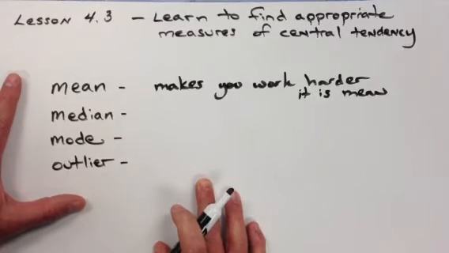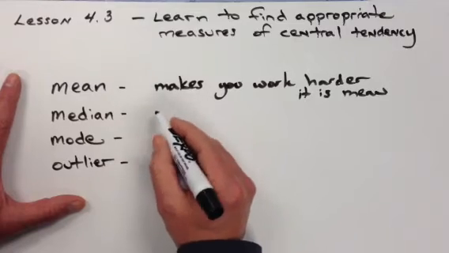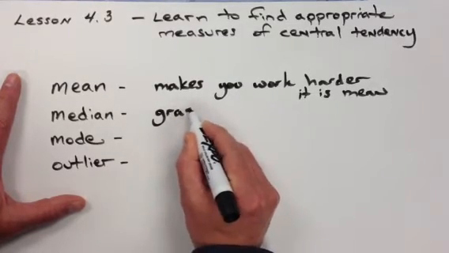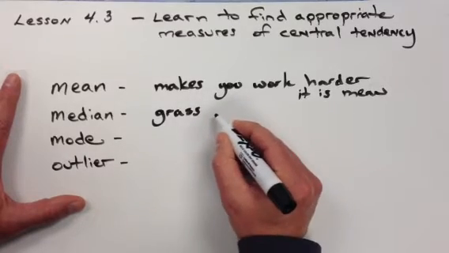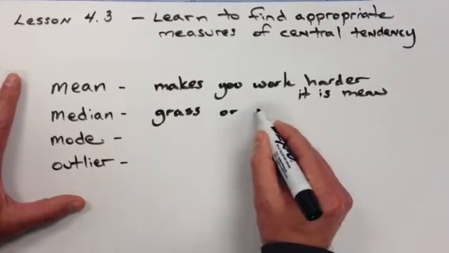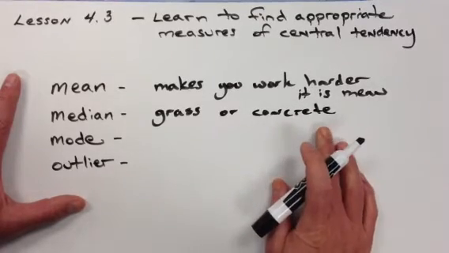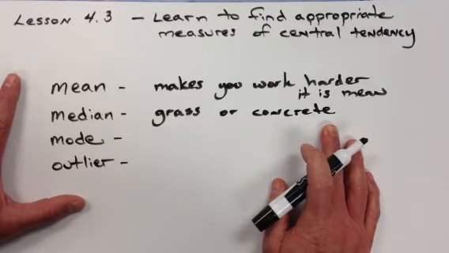Median is sometimes referred to as, like if you're driving on I-5, there's a grassy part that's in between the lanes going north and lanes going south, and they call that the median. So a median can sometimes be referred to as a grass or concrete barrier that is in the middle of the 2 lanes.